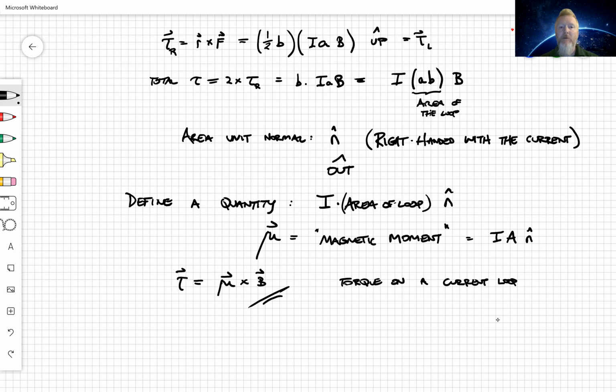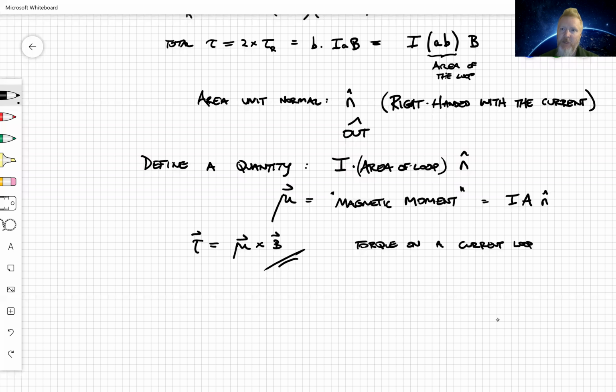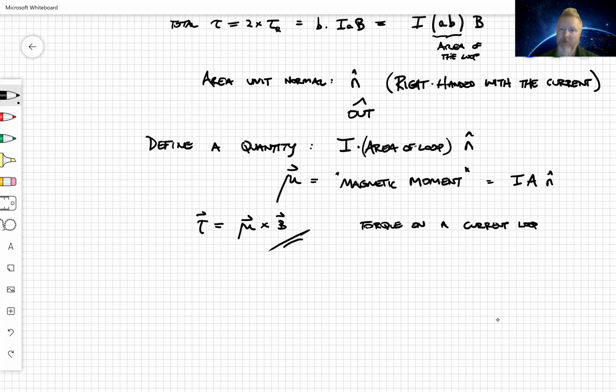Where mu, the magnetic moment, is the thing that we've run through here. Note the similarity to the electric dipole, because essentially that's what the magnetic moment is.